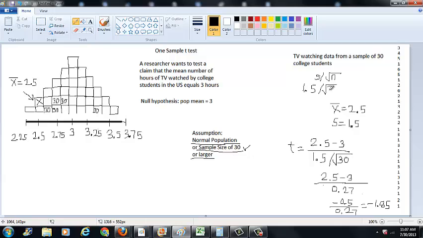The bottom of our t formula came out to 0.27, which means our estimated standard error is 0.27, but I'm going to actually make it 0.25 because it'll be a simpler number for our example. So now we know our sample has a mean of 2.5 and an estimated standard error of 0.25.